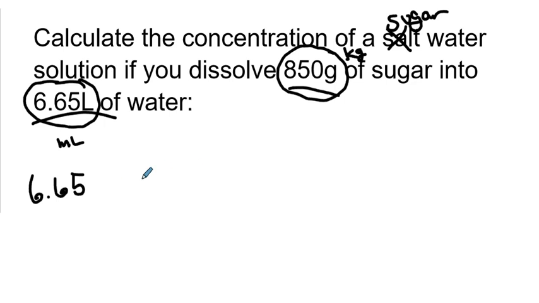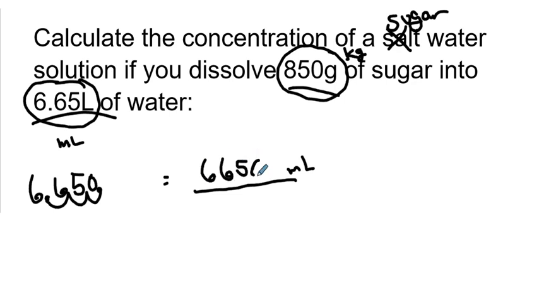But liters are my base unit, milliliters are 3 decimal places, so I'm moving my decimal 3 spaces to the right. I move 1, 2, 3 spaces, fill in the open space with a 0, and I get 6,650 milliliters.